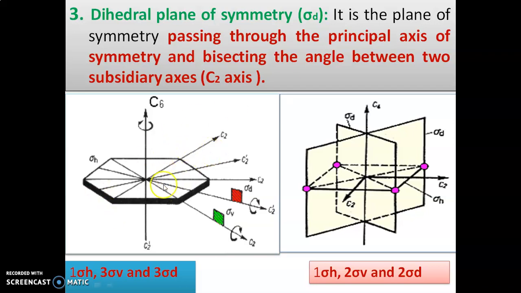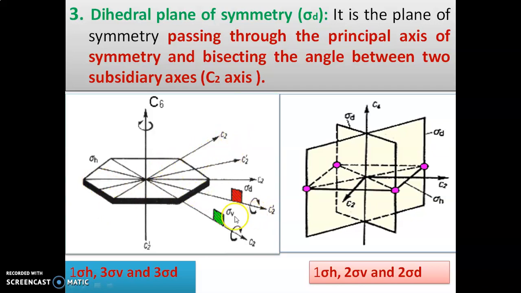For example, take the benzene molecule, which you know has 6 C2 axes: 1, 2, 3, 4, 5 and 6. 3 C2 axes pass through carbon atoms, and 3 C2 axes pass through the carbon-carbon bonds, bisecting the bonds.